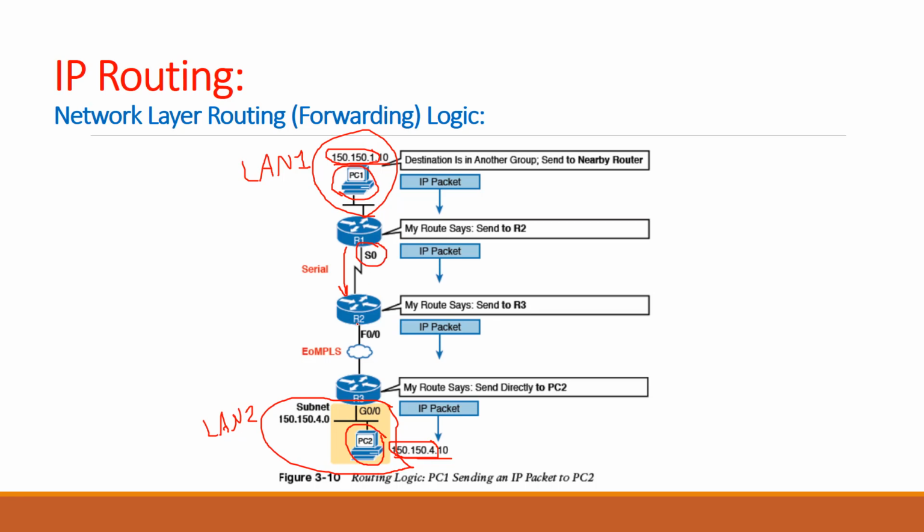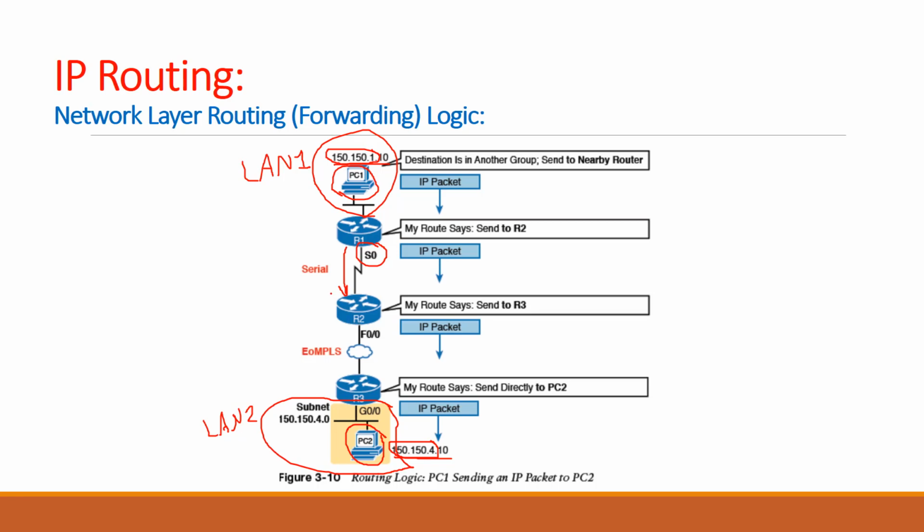Now R2 receives the packet, and of course it does the de-encapsulation and re-encapsulation process, as we mentioned in the previous slides when we were discussing WANs. R2 will receive the IP packet.